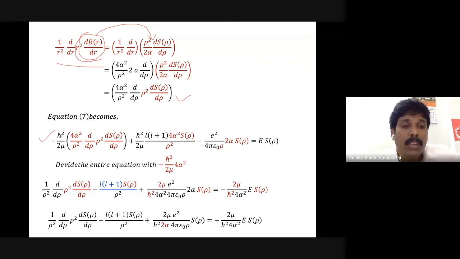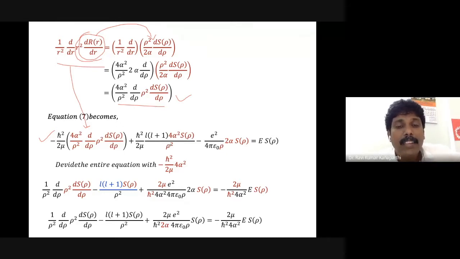So if you go back and see, this is minus h cross square upon 2 times mu, and this quantity was here actually. We are replacing it, because this quantity in terms of rho is this quantity, so we have replaced this.